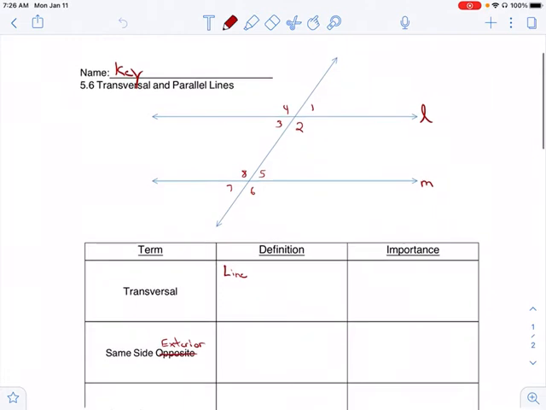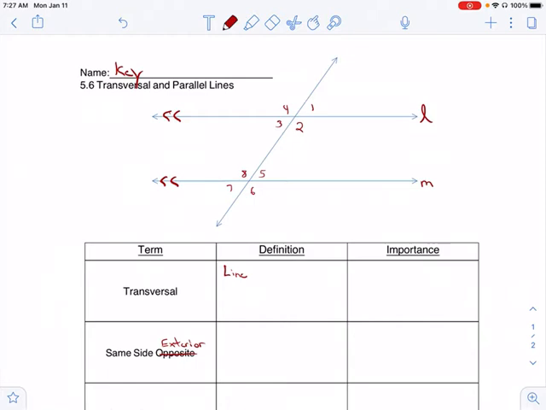And the key that we're going to be learning about here is that when I have a set of parallel lines, so L and M would be the name of those parallel lines, and I just put in that parallel line markings, if I cut them with a transversal, I end up with a lot of important angle relationships.